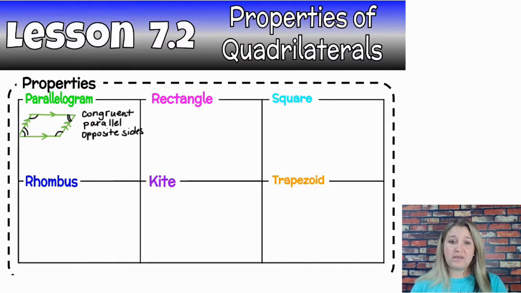They're also going to be supplementary. So just like the same side interior, that's basically what we have going on here. So opposite angles are going to be congruent, and use that little congruent sign there. And then we also have, I'm going to call those adjacent angles, are going to be supplementary.